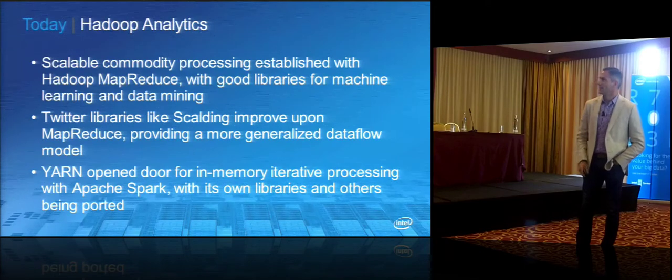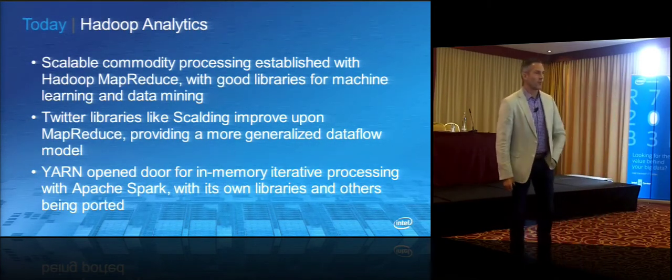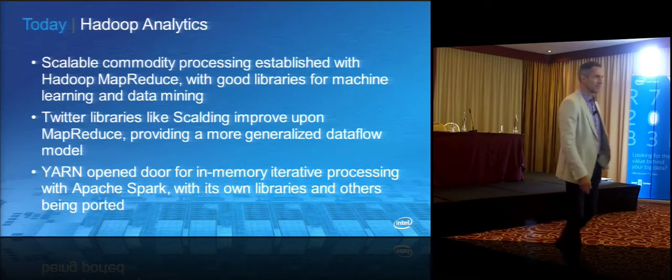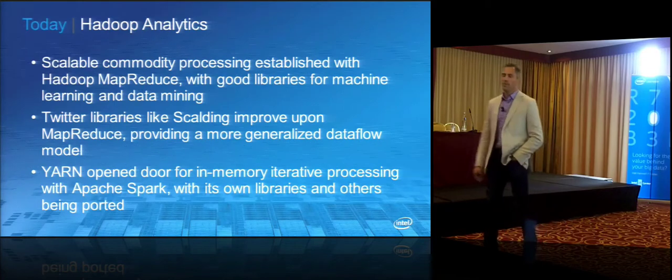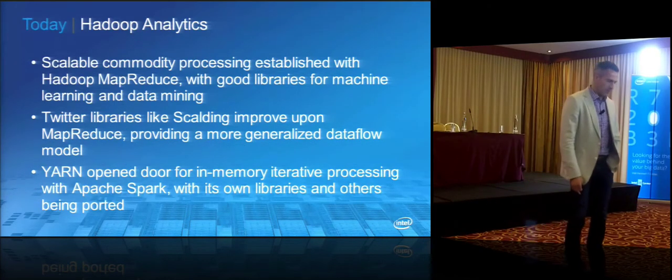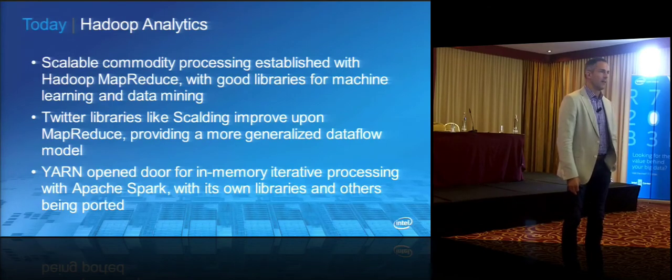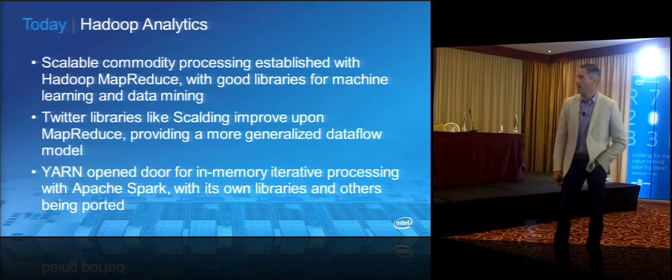All right, more seriously. So today, I want to start with what we have today, Hadoop analytics. You've had enough introduction, I think, to Hadoop MapReduce, the simple idea of doing an embarrassingly parallel map step and then reducing that and combining results at other machines and shuffling information through the network.